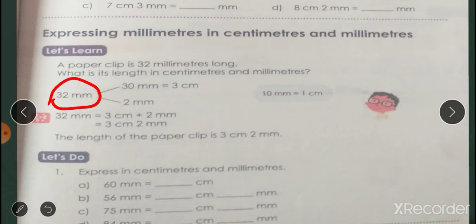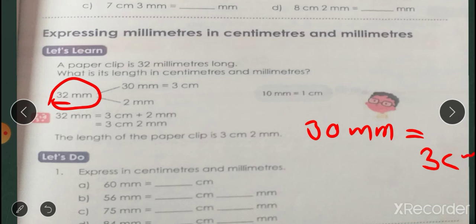If we look at the tens, there are 3 tens and 2 ones. So 3 tens millimeters equals 3 centimeters.